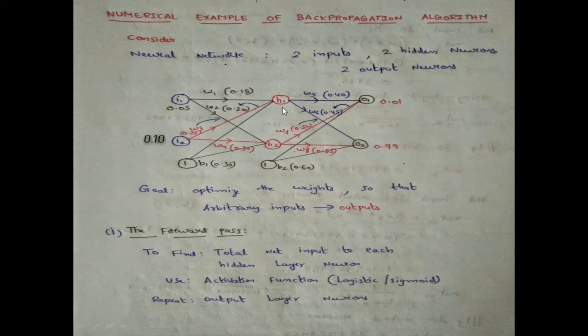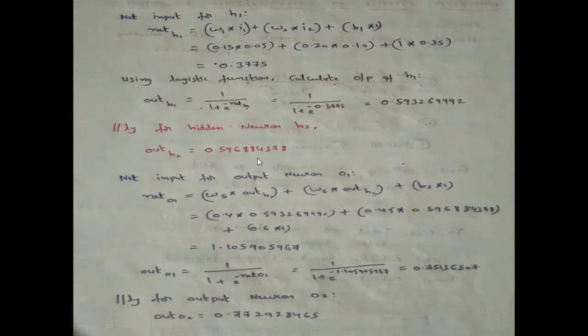Let us now calculate the net input to the hidden neuron H1, which we compute as weight 1 times input 1 plus weight 2 times input 2 plus the fixed input 1 times the bias value. That is, W1 into I1 plus W2 into I2 plus B1 into 1.